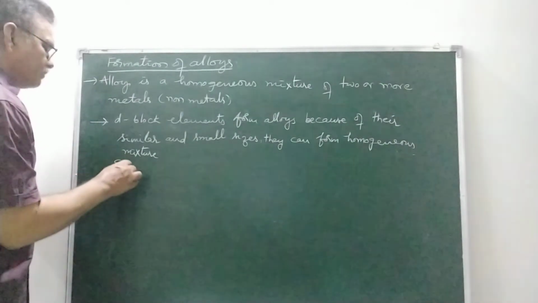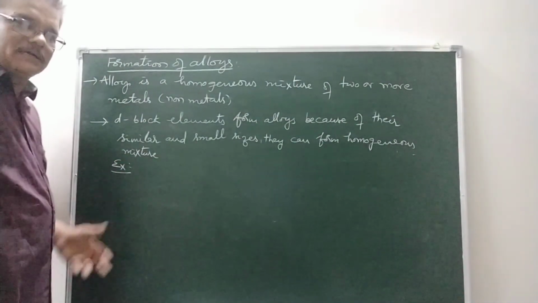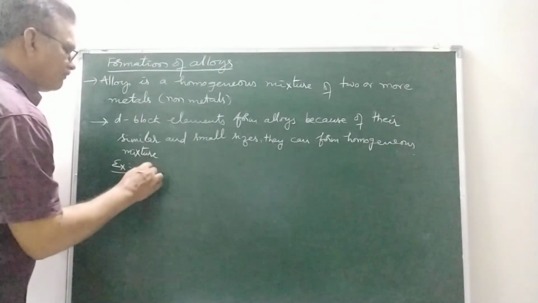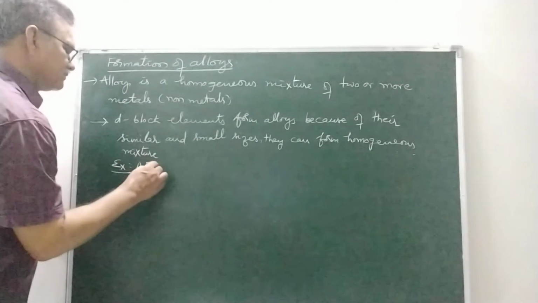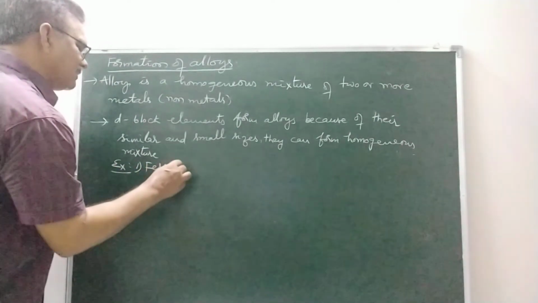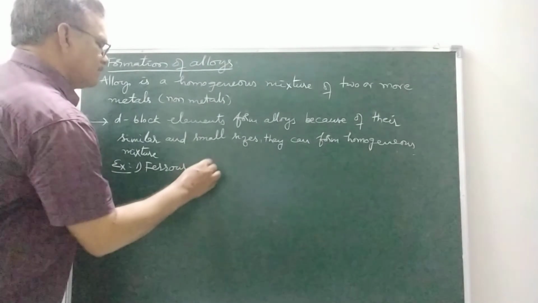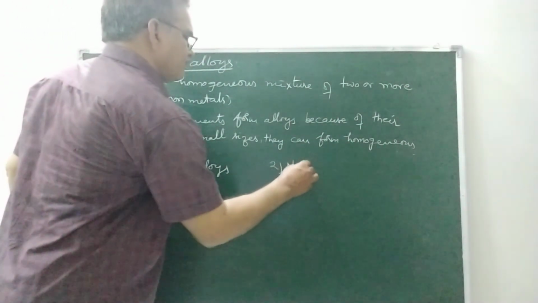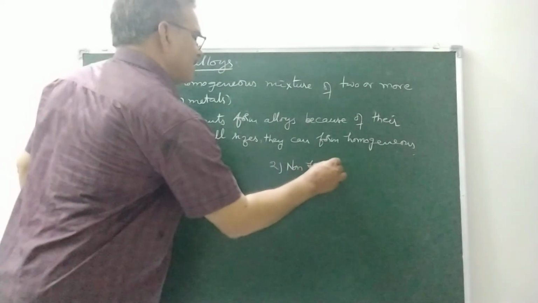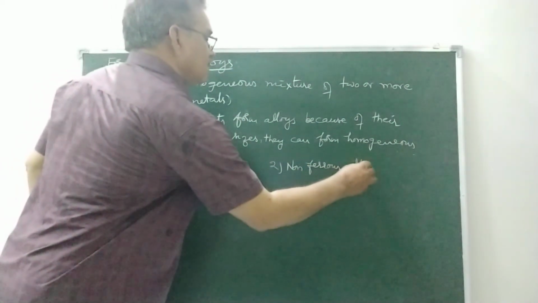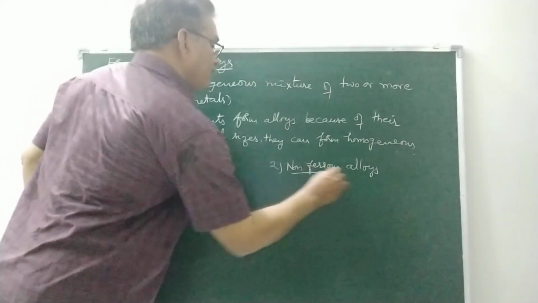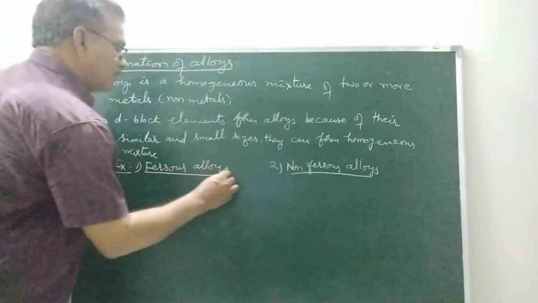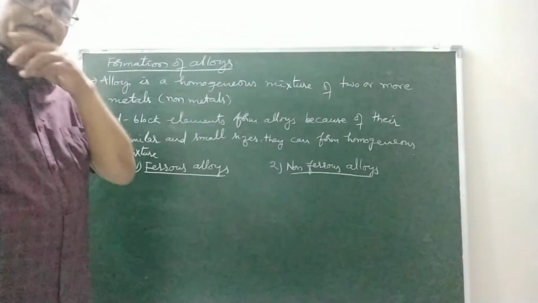If we take examples, these alloys are divided into two types: ferrous alloys, and second one, non-ferrous alloys. In ferrous alloys, one of the components must be iron.